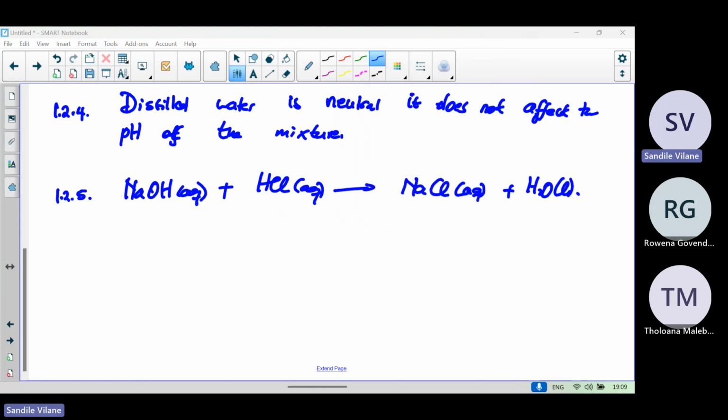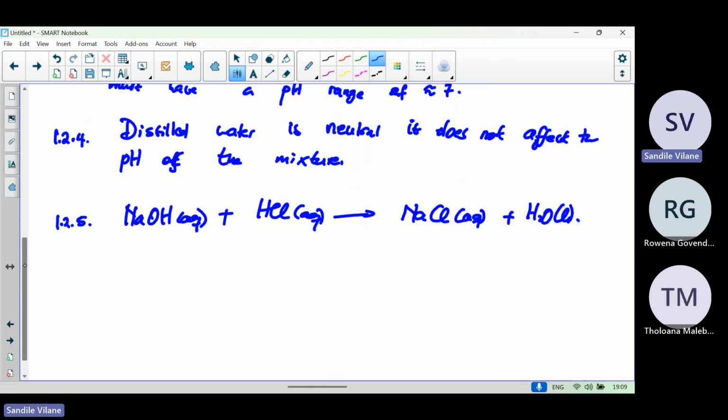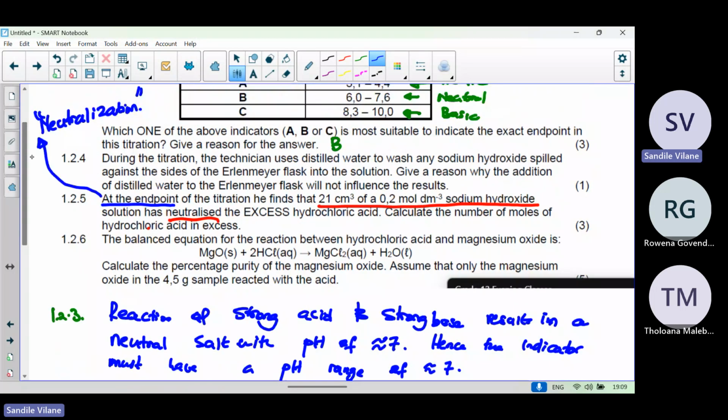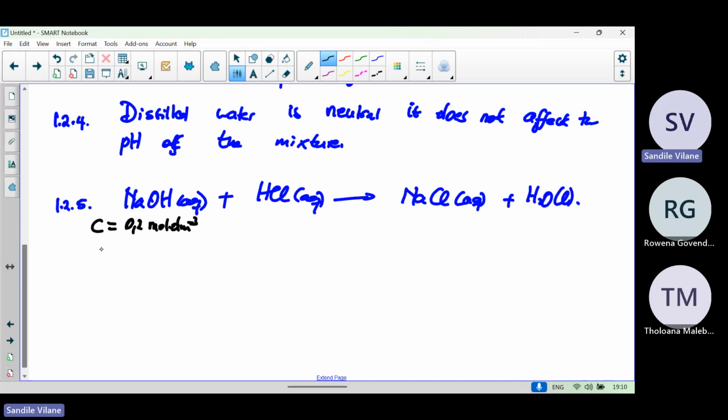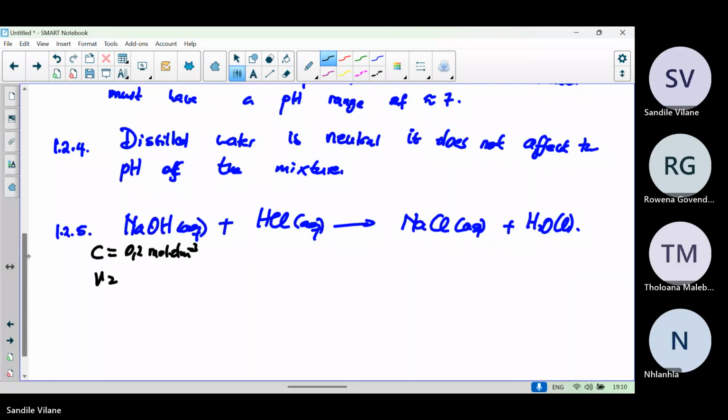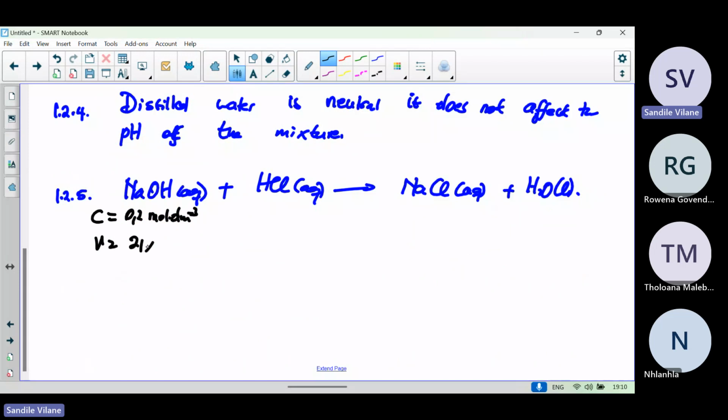So what do I see here? What am I given? I'm given the concentration of sodium hydroxide, 0.2 moles per cubic decimeter. And I'm also given the volume of this. It's 21 cubic centimeters, which is 0.021 cubic decimeters. Is that correct? 1, 2, 3. Yes, it is correct. And then I can calculate the number of moles of sodium hydroxide to start with.